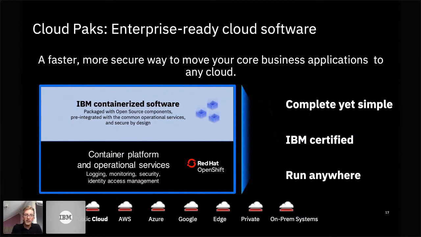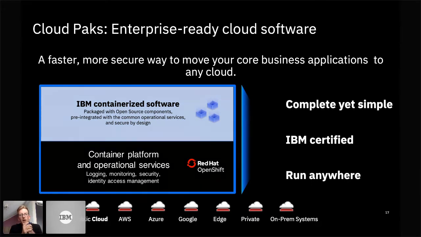When it comes to OpenShift running on IBM Z, a very important part is the Cloud Pak idea. Cloud Paks are really a simple but complete package of IBM certified software.